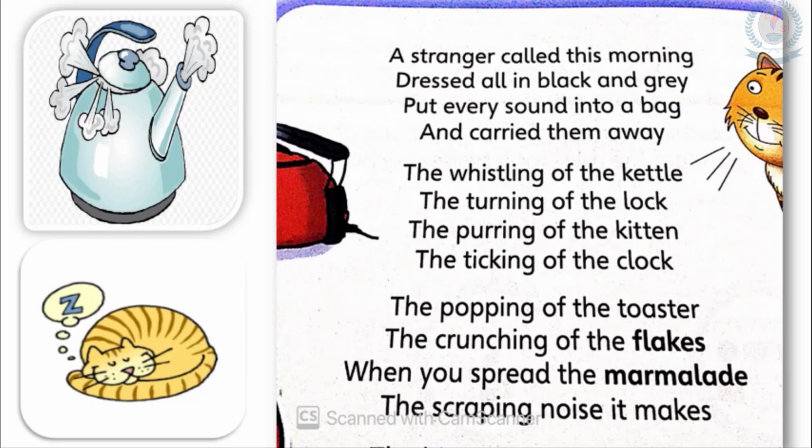Next one, when you spread the marmalade, the scraping noise it makes. Marmalade means a sweet jam often eaten on toast. Scraping means making a rough noise by rubbing against a hard surface. So, when you spread the marmalade on the toast, it makes a sound.